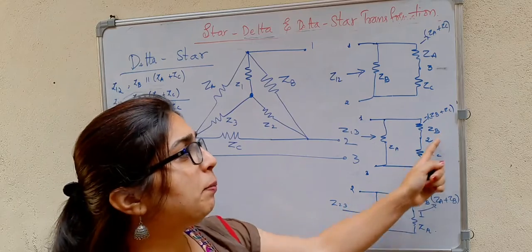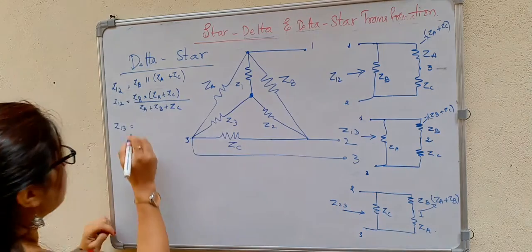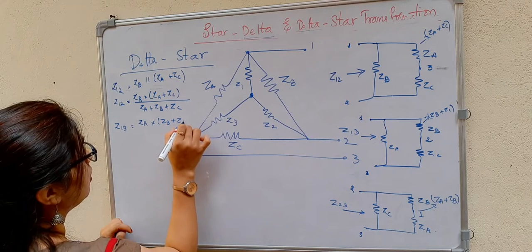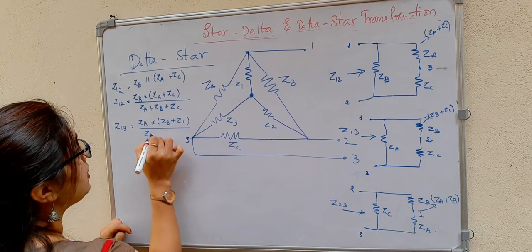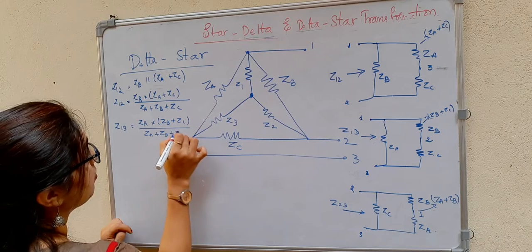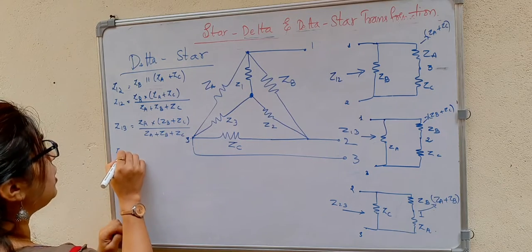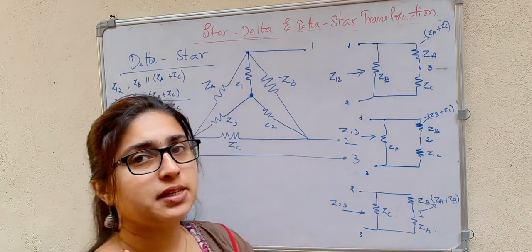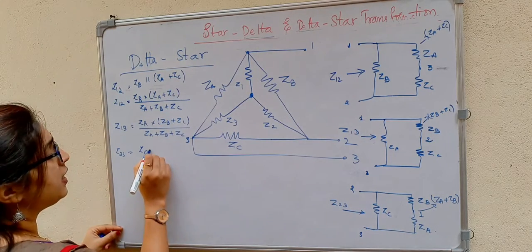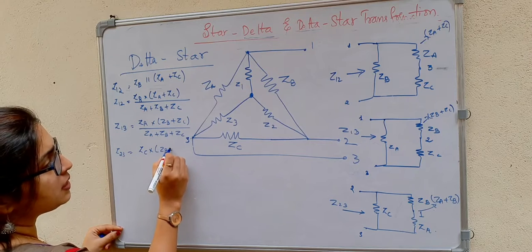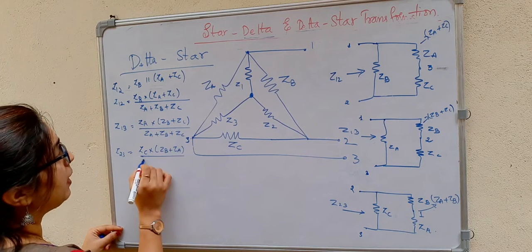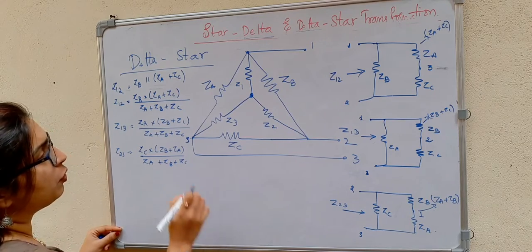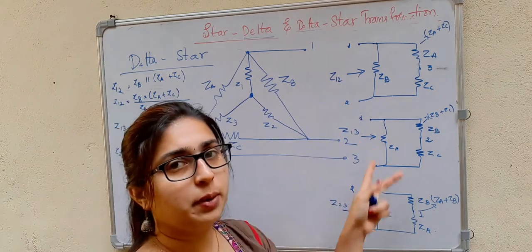It is ZA in parallel with ZB plus ZC, so ZA into ZB plus ZC divided by ZA plus ZB plus ZC. Next, Z23 is ZC in parallel with ZA plus ZB, so ZC into ZB plus ZA divided by ZA plus ZB plus ZC. Now we have found the impedances between these terminals.